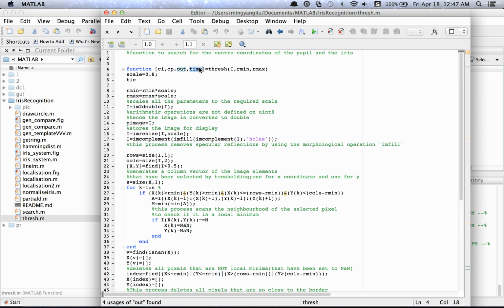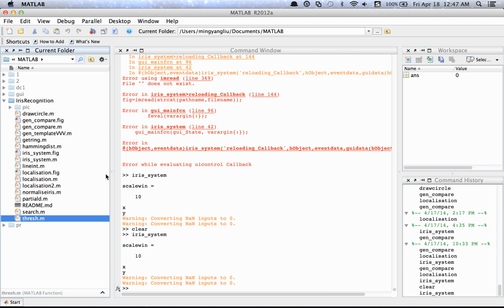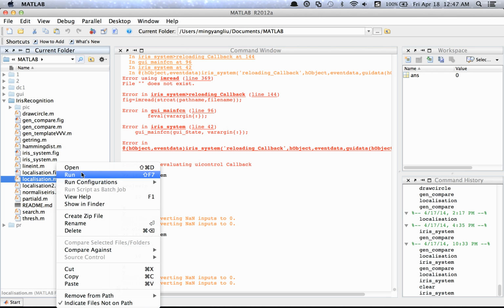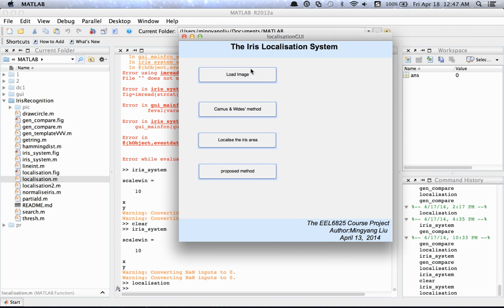We use this function to get the time required in the whole algorithm. So all these above are the function sub-programs. Then we will see the main three programs which have their GUI and serve specified functions.